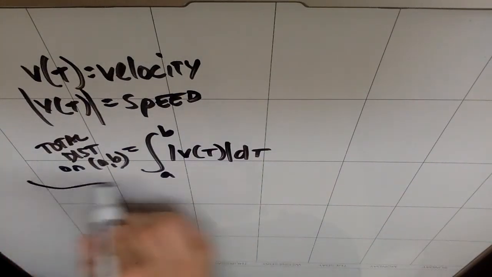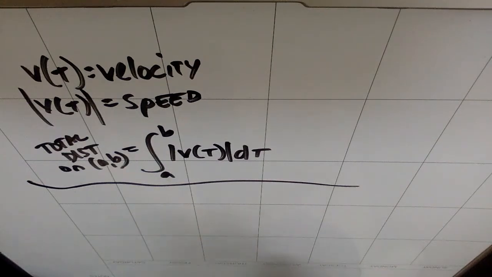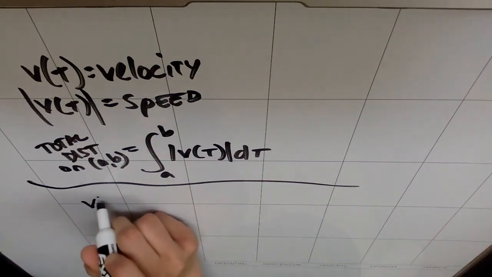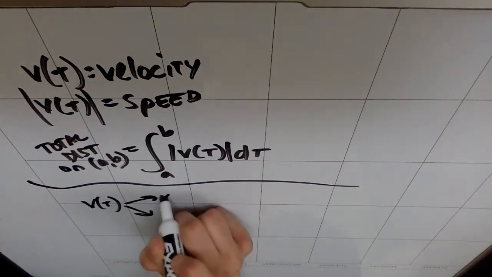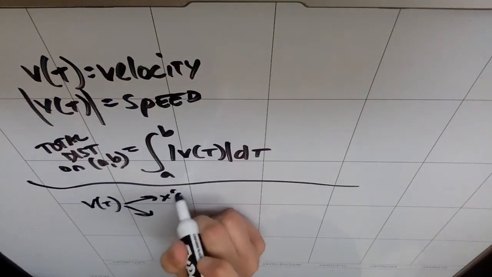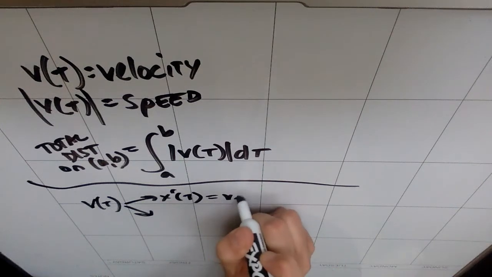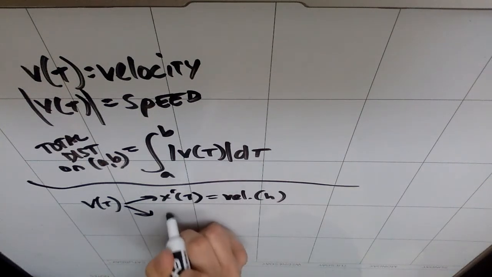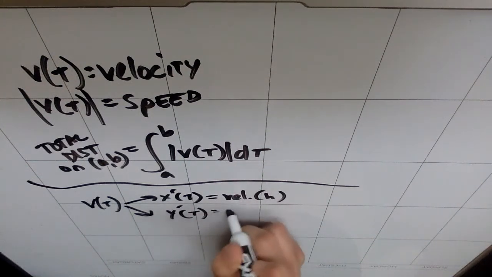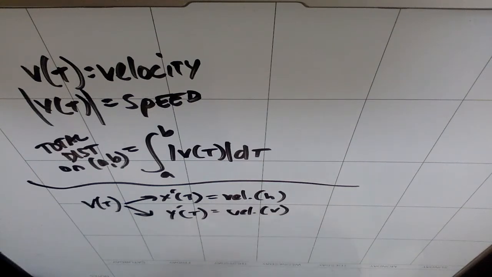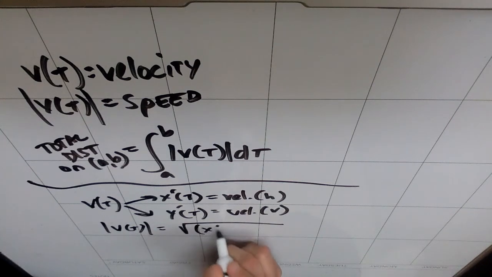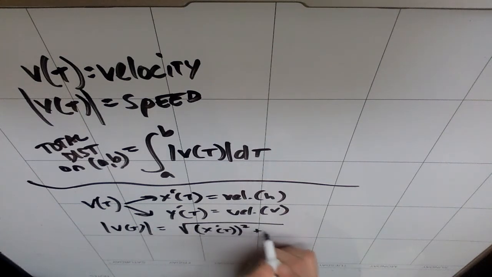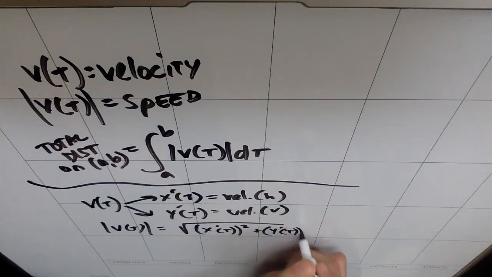Well, now what I'm telling you is that in the same problems, the same context, my velocity with respect to time is instead written as two different kinds of velocity: my x prime of t in the horizontal direction, and my y prime of t, which is velocity in the vertical direction. And my speed, the absolute value of velocity, is that formula we just learned, the square root of x prime of t quantity squared plus y prime of t quantity squared.